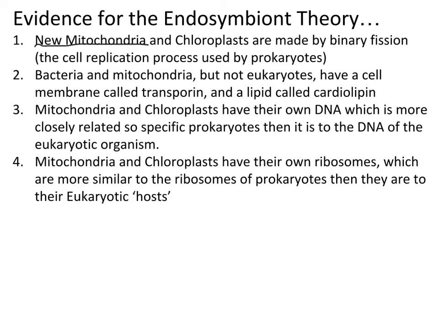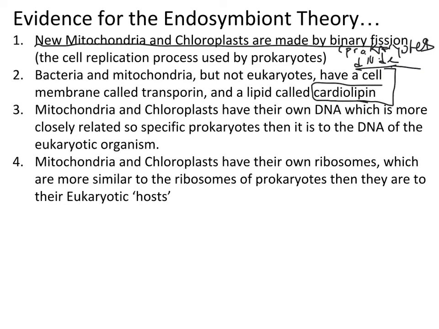We've talked mostly about this, but new mitochondria and chloroplasts are made by binary fission. So this is how prokaryotes divide. So they're using the same mechanism that prokaryotes use in order to reproduce. So this is a specific type of cell membrane.